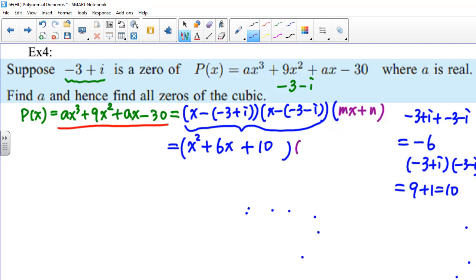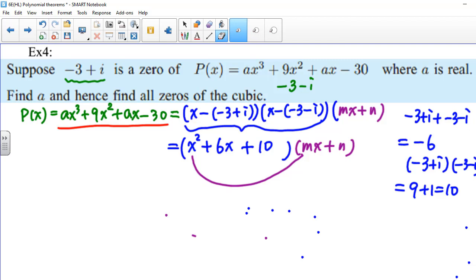Then this one is multiplied by the last linear factor to get a cubic polynomial function. Based on 6D, we are supposed to expand these 2 polynomials in the product as well. Then we equate the corresponding terms to find the missing values for a, m, and n. However, we also can use logical reasoning to cut down the workload a little bit, because we know x squared times this mx must produce ax cubed.